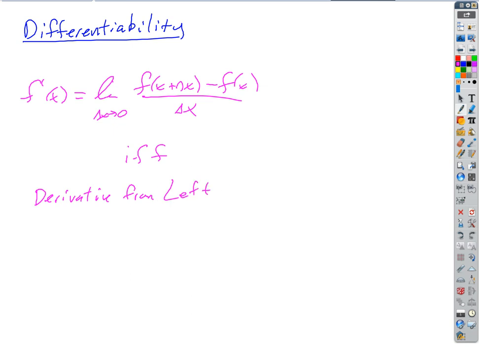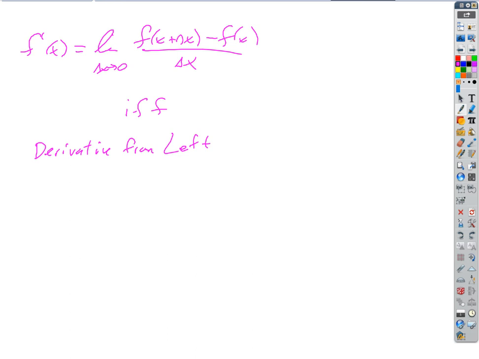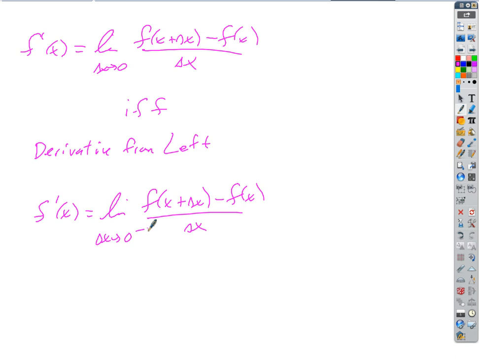How do you suppose I'm going to write this derivative if I want to approach from the left? Same thing as you spelled out, delta x approaches 0 from the negative side. Agreed? Okay. We'd have to approach 0 from slightly negative values.